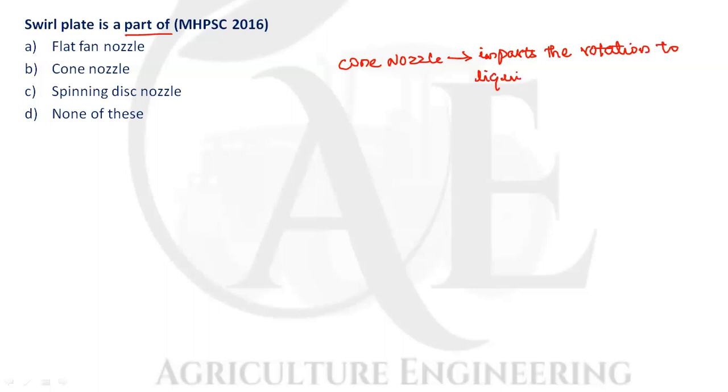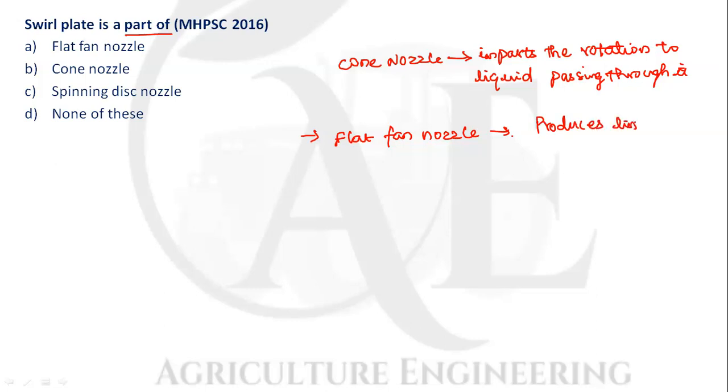You clearly note down that there are 4 types of nozzles important in spraying liquids. The flat fan nozzle produces a line of spray.